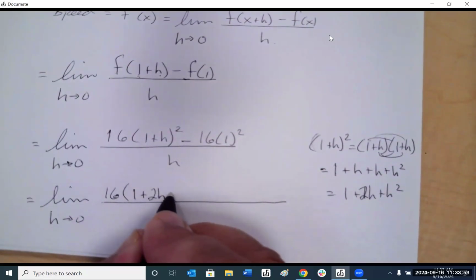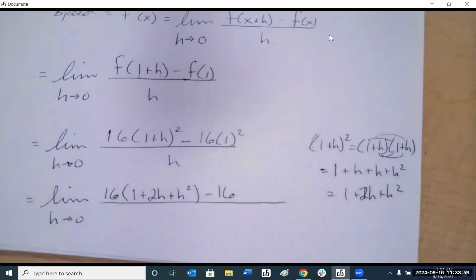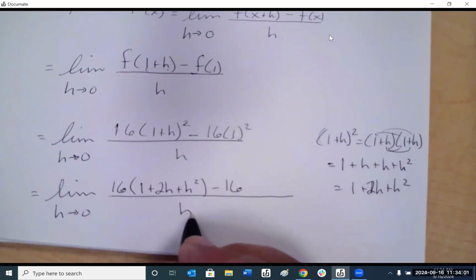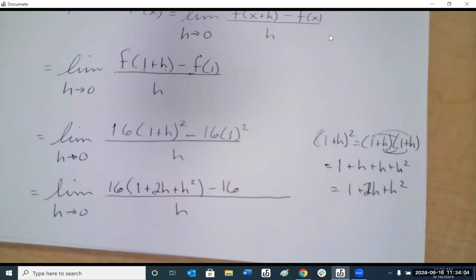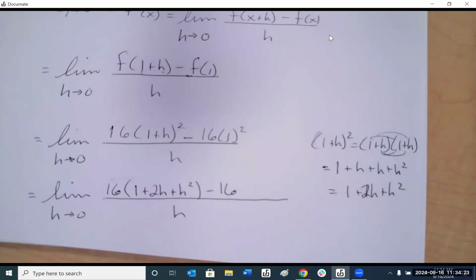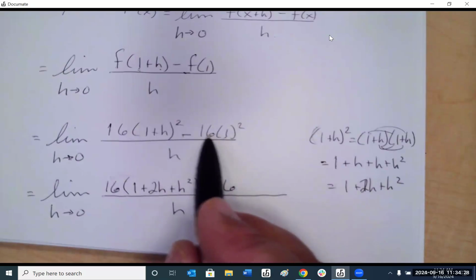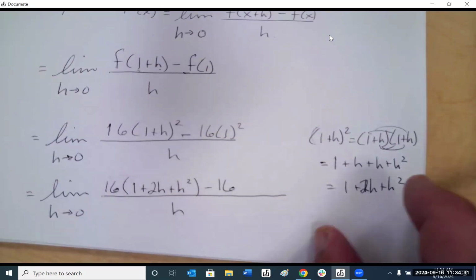So 16 times 1 plus 2h plus h squared minus 16. That's 1 squared. Next, let's distribute, get rid of the parentheses up on top, combine like terms. Remember, whenever you do the quotient rule, whatever's after that minus part has to cancel out with something.